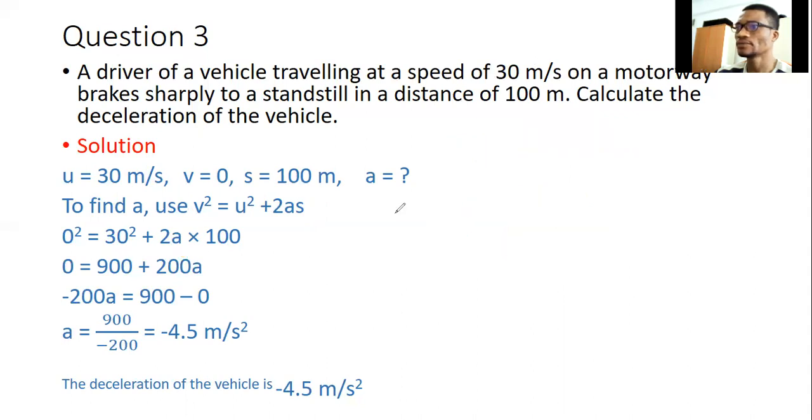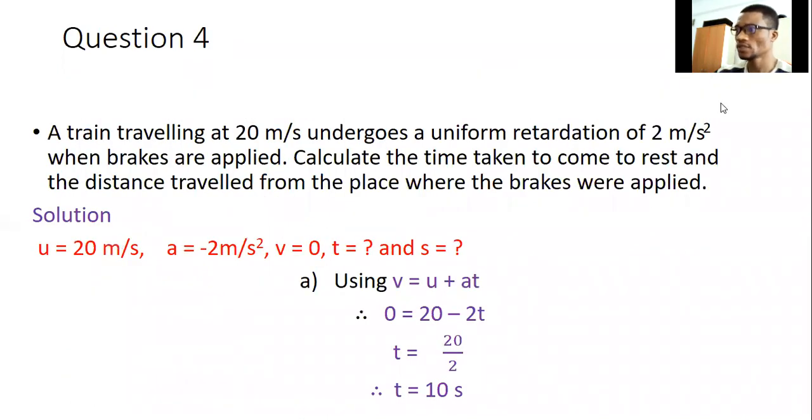Another example. Here we've got another question. A train traveling at 20 meters per second undergoes a uniform retardation of 2 meters per second square when brakes are applied.